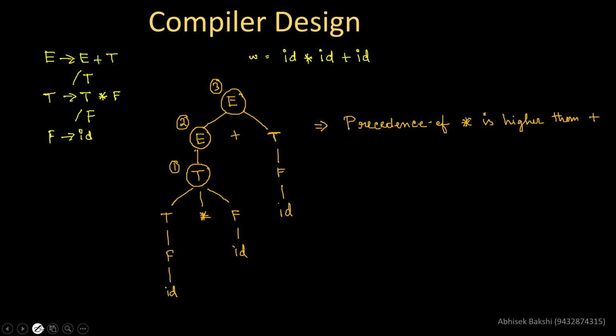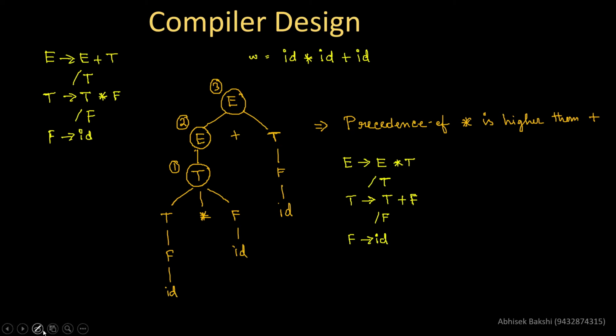I design another production rule like this, E to E star T or T, then T to T plus F or F, and F to ID.